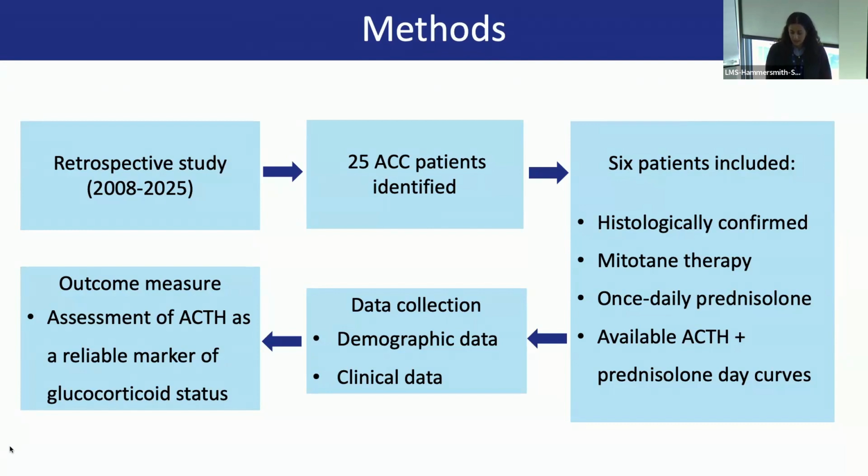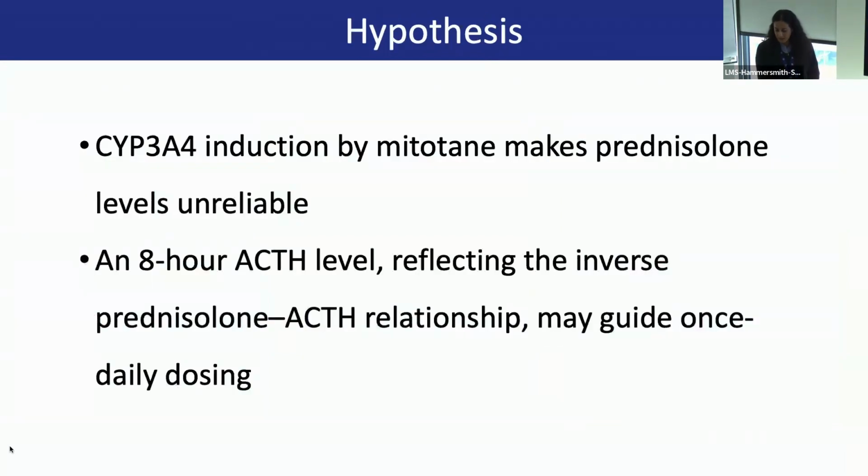We collected the relevant demographic and clinical data and assessed ACTH as a reliable marker of glucocorticoid status in this patient cohort. We hypothesized that prednisolone levels obtained from our ACC patients would not be a reliable indicator of glucocorticoid status due to the mitotane-induced changes, and that ACTH may instead be a more informative marker to help guide prednisolone dosing.